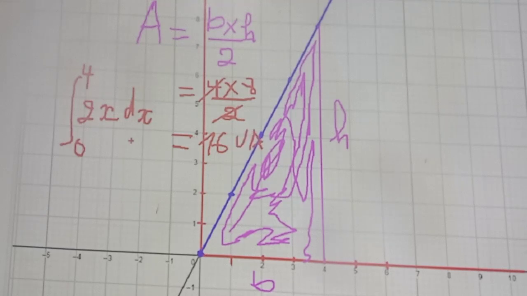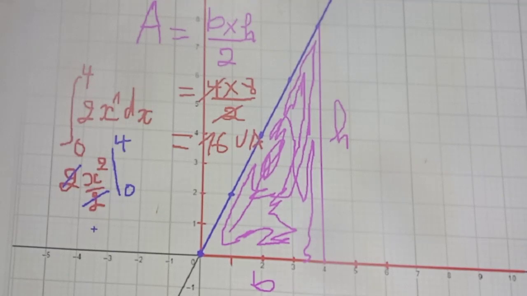Let's use our normal way to find the integral. We take 2x. Here we have the power 1, we add another 1, we get 2, and we divide by 2. By simplification, we get x squared from 0 up to 4. Now we replace x by the boundaries.